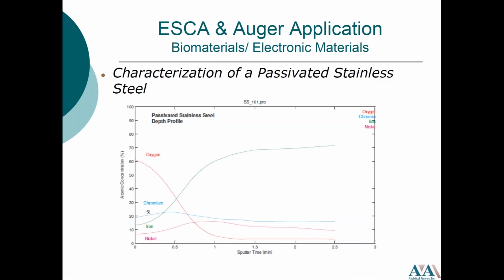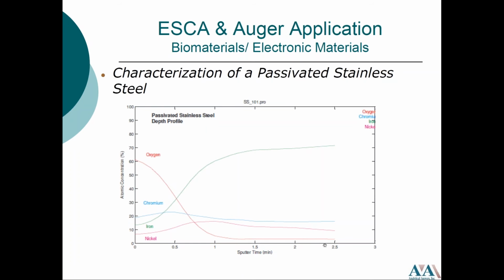Well-passivated stainless steel or metals normally have a passivation layer on the order of about 10 nanometers, and that is enough for corrosion resistance. Now, where oxides may be beneficial in the world of biomaterials, keeping corrosive elements out and harmful elements from leaching out of the material or metal itself, it can be harmful in the world of electronic materials where you're trying to, let's say, electroplate a surface.